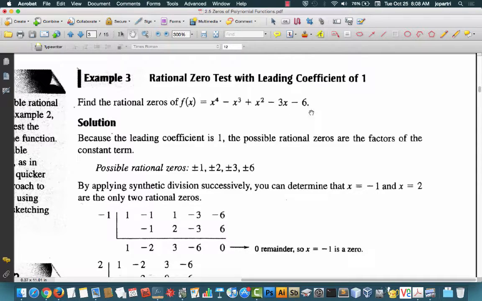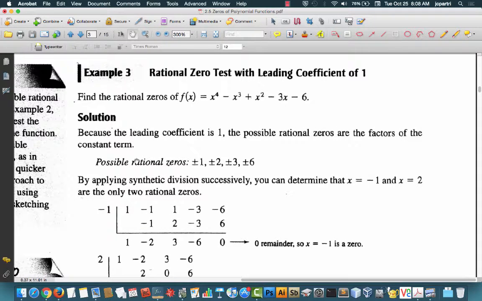And finally, 6 and -6 itself divide nicely into -6. Now, because the leading coefficient is 1, this process is going to be dirt simple. In other words, all of the possible rational zeros will be all of the possible divisors of -6. That's what you get whenever the leading coefficient is 1.